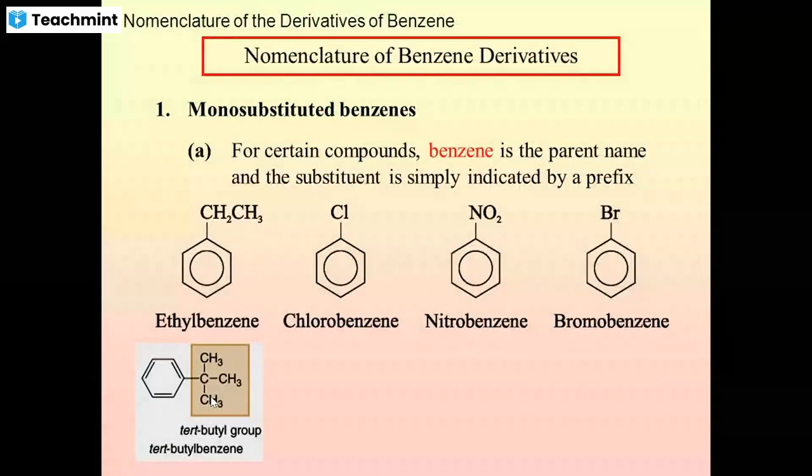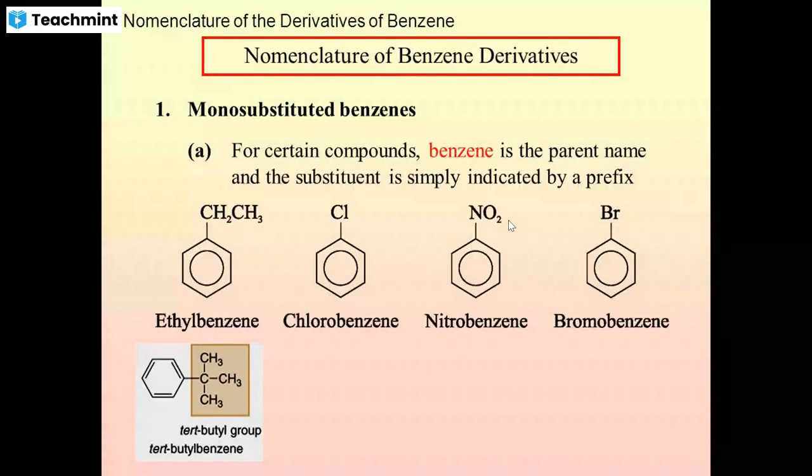So now we are going to learn about nomenclature of the derivatives of benzene. So, nomenclature of benzene derivatives. Here, monosubstituted benzene. For certain compounds, benzene is the parent name and the substituent is simply indicated by a prefix. As we have learned, if benzene is used as a parent compound, and any substituent is present on it, like chlorine, bromine, methyl, iodine, whatever it is, those are substituents present on the benzene ring.